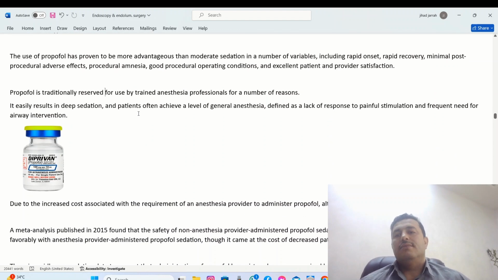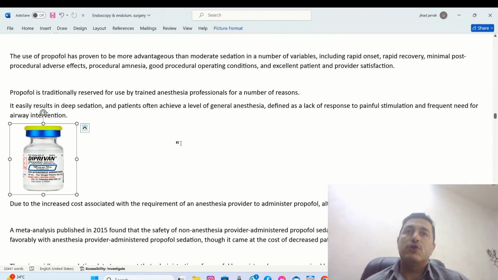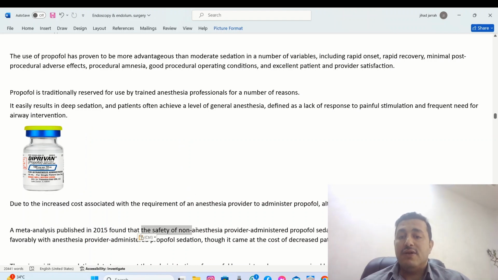There is a study that, I don't want to say supports or is against the use of propofol by the endoscopist or the assistant of the endoscopist. You can see here the safety of non-anesthesia provider administered propofol sedation for advanced endoscopic procedures.